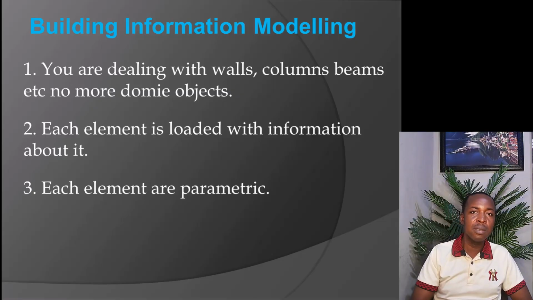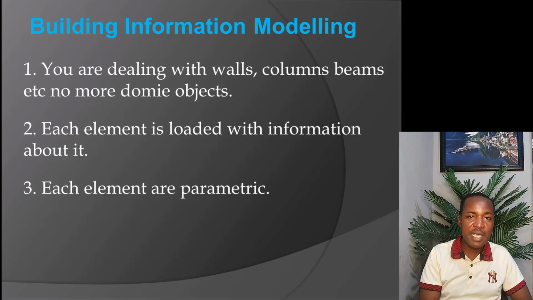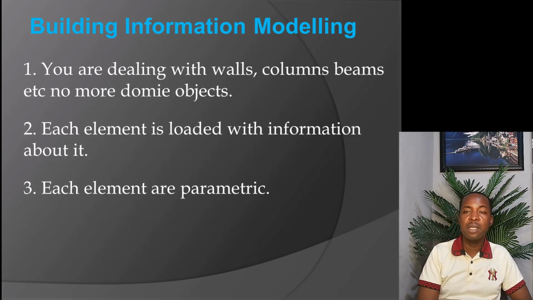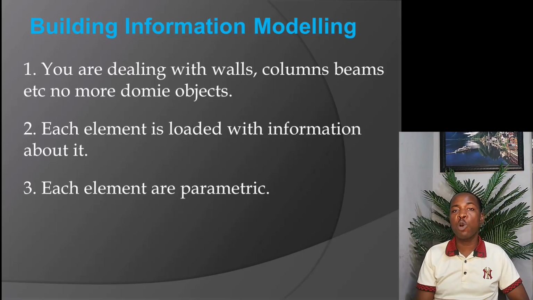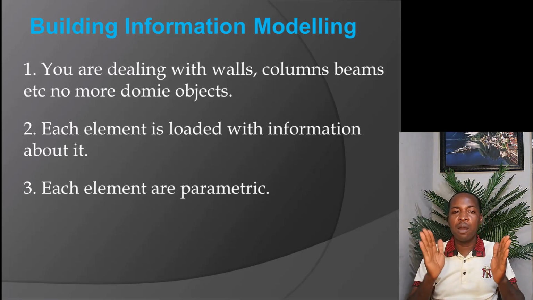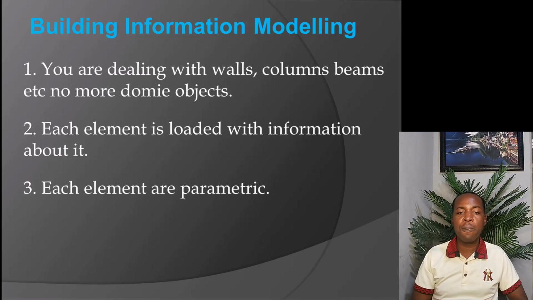But in BIM software like Revit, if you change the dimension, the element itself will change. And if you change the element, the dimension will automatically change. So the dimension and the elements or objects are interrelated, they are connected. That is what we mean by parametric.